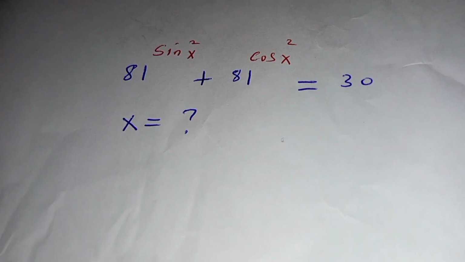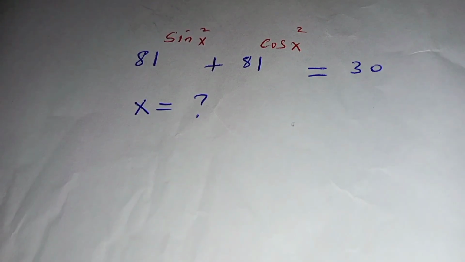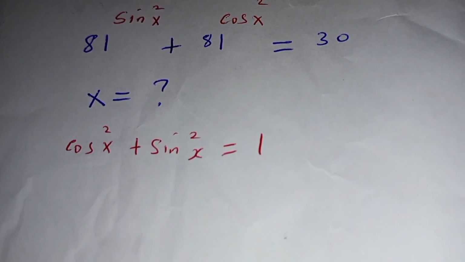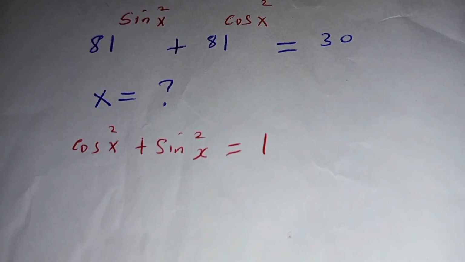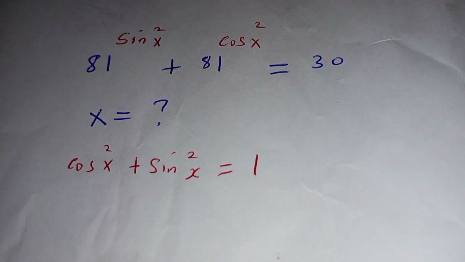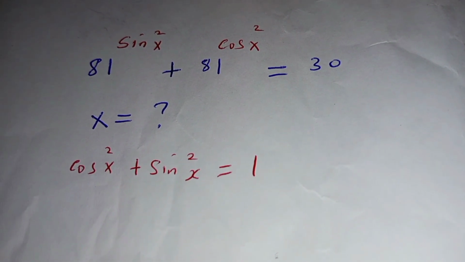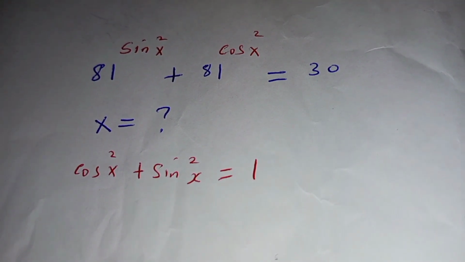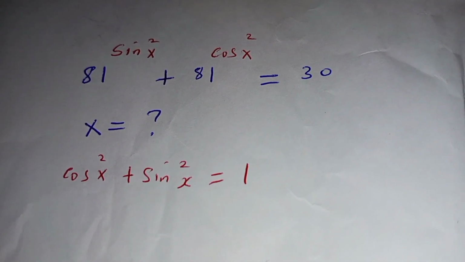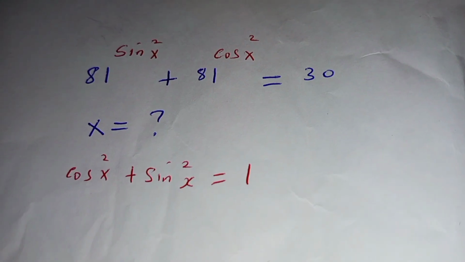So to begin with, we use this identity of sine and cos. This identity holds true: cos squared of x plus sine squared of x is equal to 1. So we are going to write sine squared of x in terms of 1 and the cos squared of x, or we can also write cos squared of x in terms of sine squared of x.